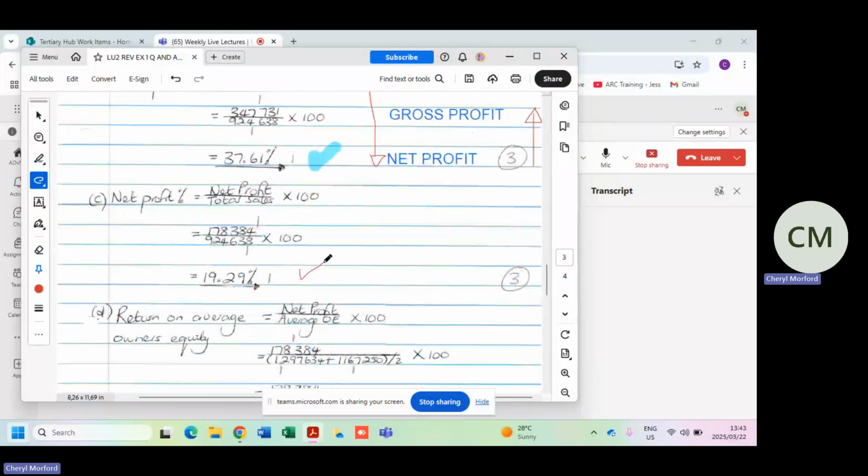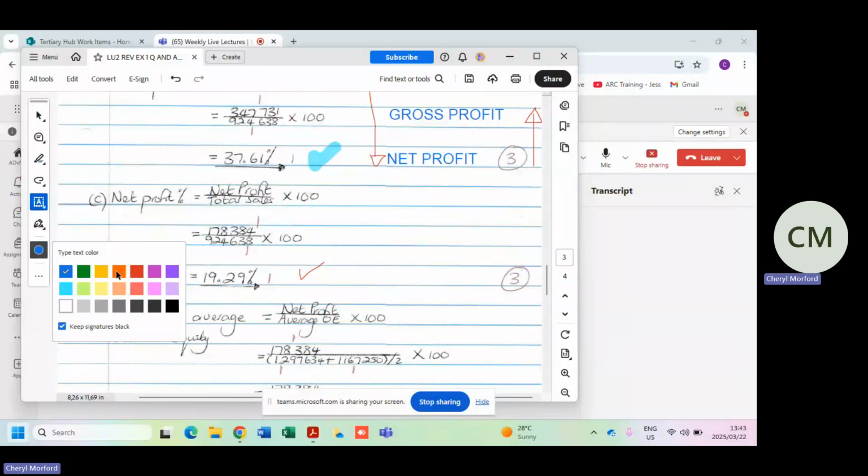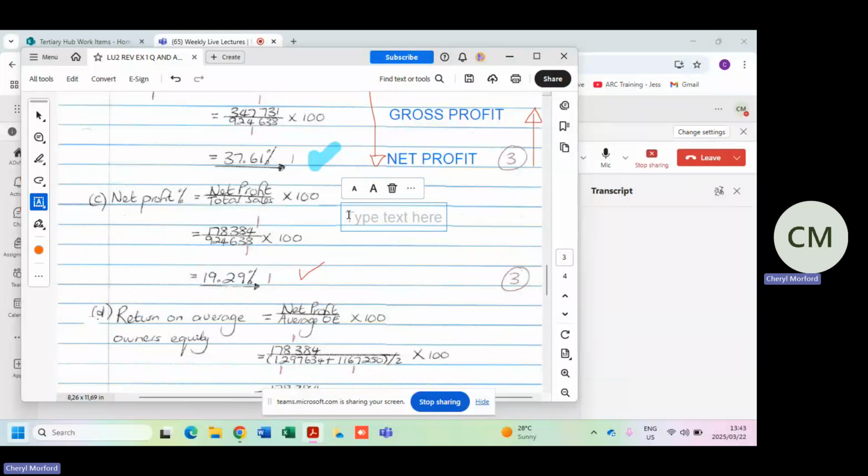So if you understand the income statement, that will help you. Because what could you also be asked besides the calculations in your test? You may have to very briefly do the following.